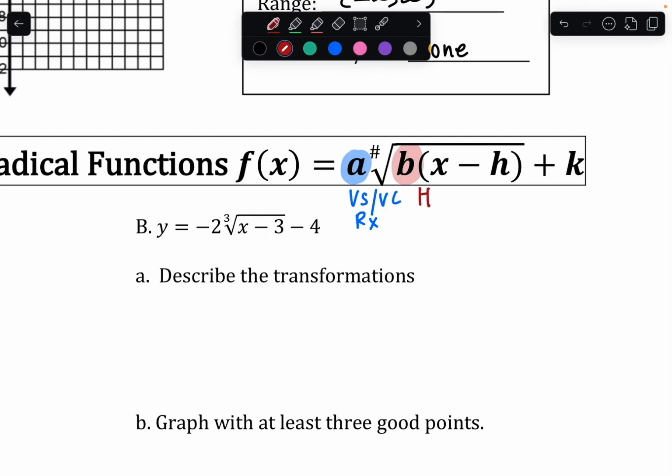And so our horizontal stretch, horizontal compression, and then our horizontal reflection across the y-axis. The h value underneath the radical is still in the horizontal direction, but that's our translations. And so that's right and left. And then the k value outside the radical will be the up and down because it's going to be a vertical change.